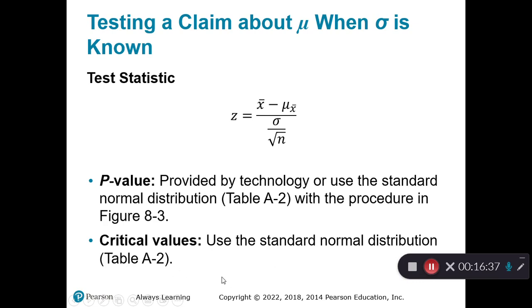So the remainder of the test is going to look very similar to what we did in section 8.2, where we were testing a claim about a population proportion, because all of those problems used z-scores. So really the only difference is that we're calculating z in this manner, but the remainder of the test is going to follow the same techniques as we use for section 8.2.